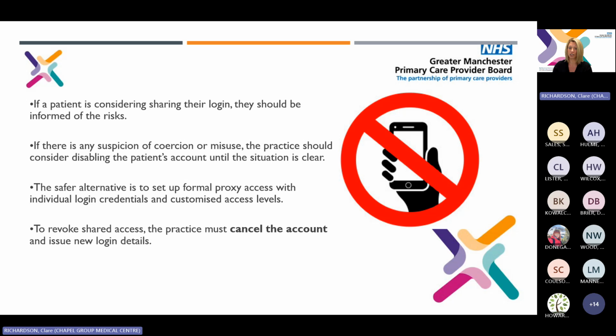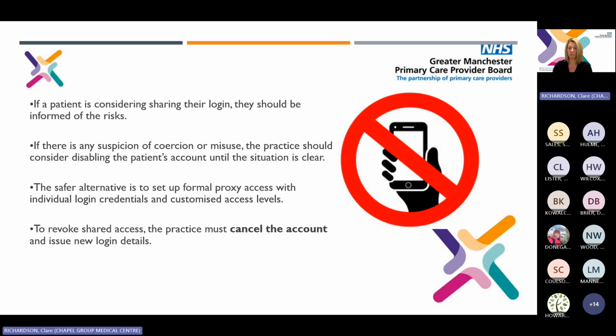This is really important. To withdraw shared access, the practice will have to cancel the patient's account and provide them with a new set of login details, but only if the practice feels it is safe to do so.